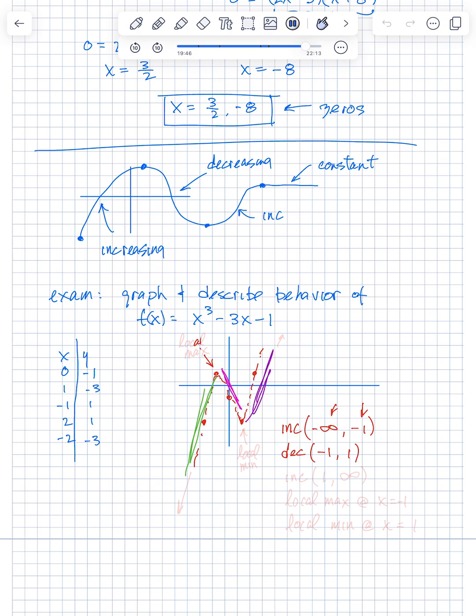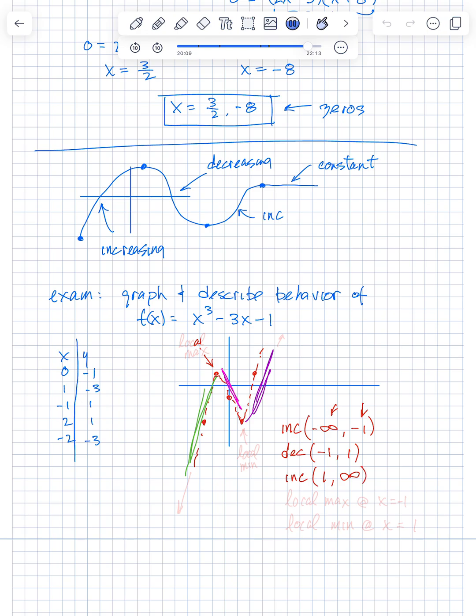So we're going to put that, describe, so it's back to increasing from x equals 1 to infinity.